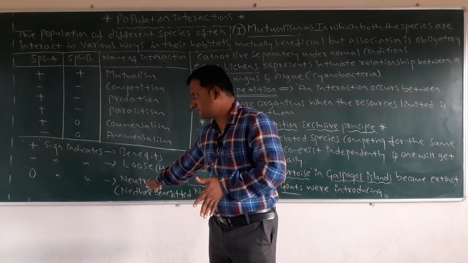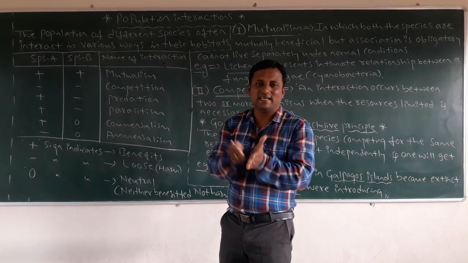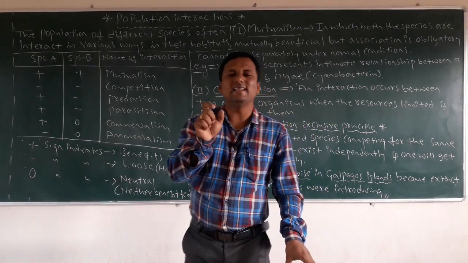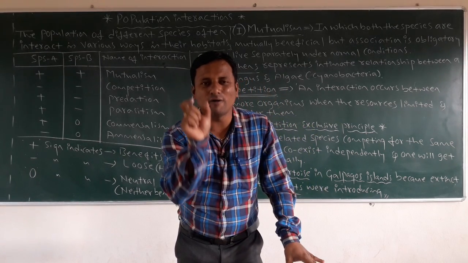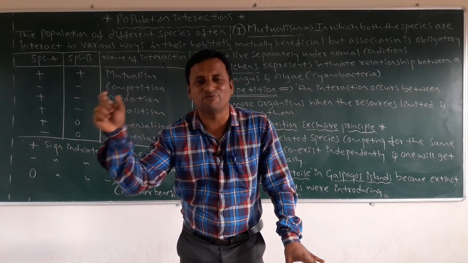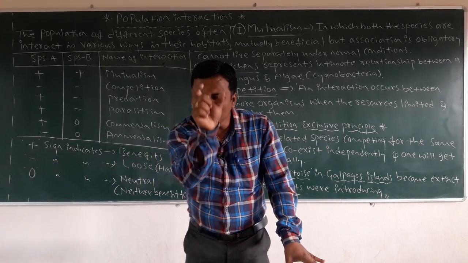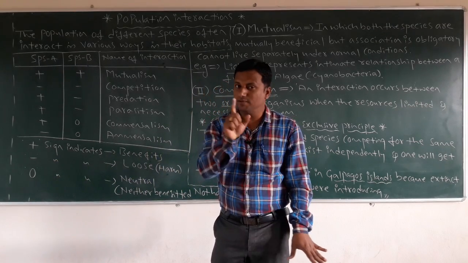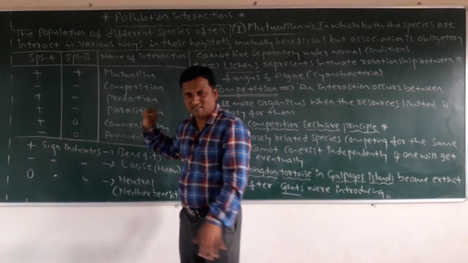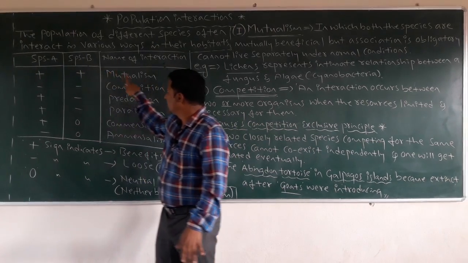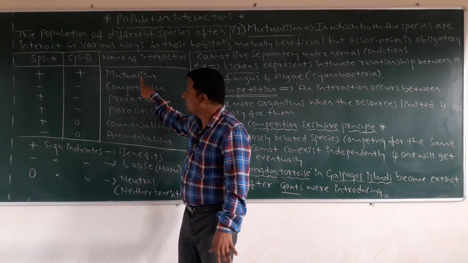So, dear students, based on these signs you can easily know which type of interaction is going on in which way. It is totally a general concept. Let us start. See here, first they give the name of the interaction: mutualism.